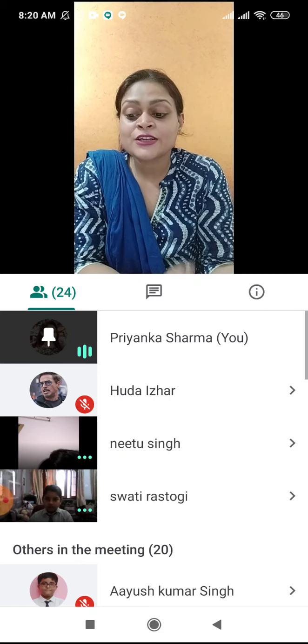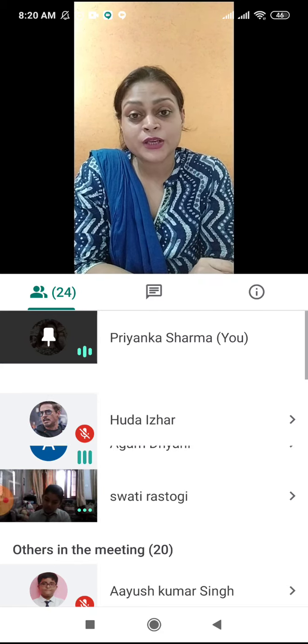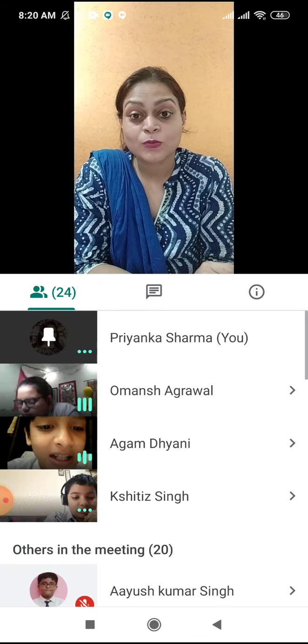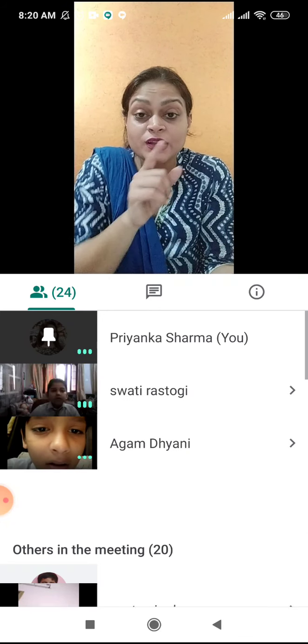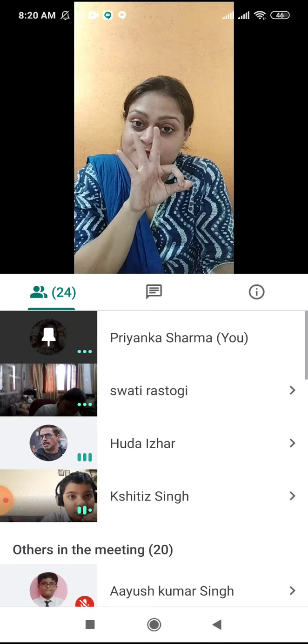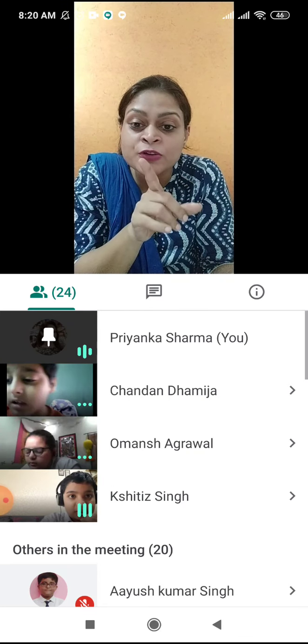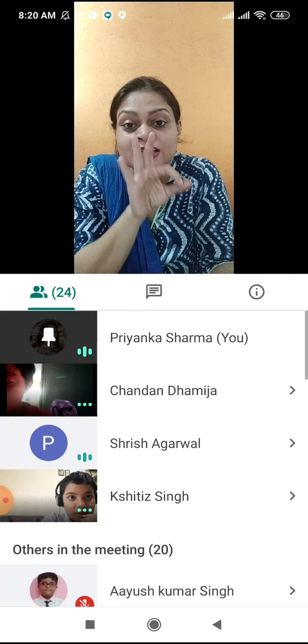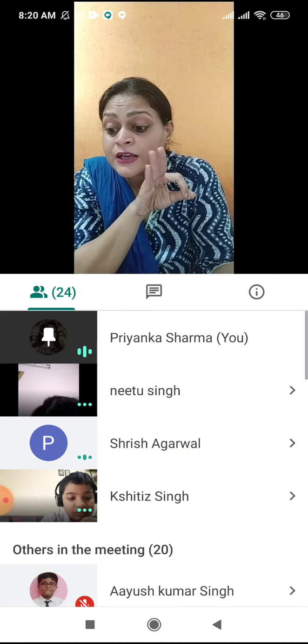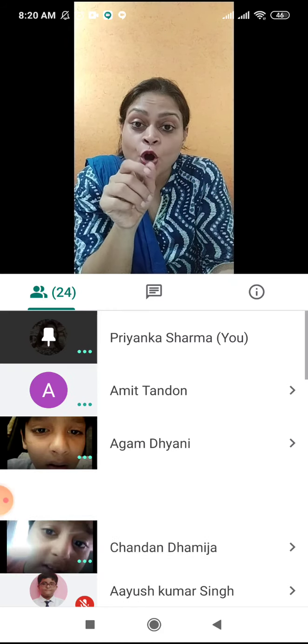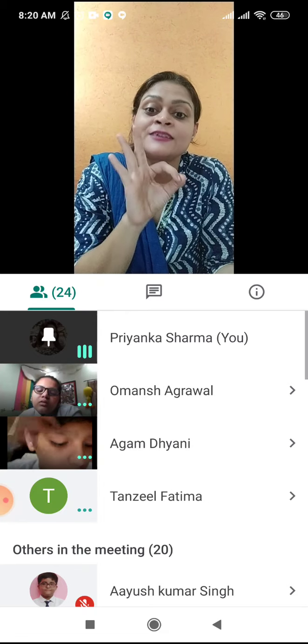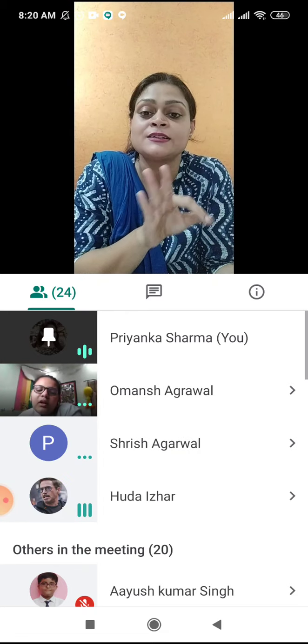Then levers in which the effort is located in between. Beta, you don't have to give an example. You have to tell which class lever it is. Which class lever where effort is located. Tongs. So third class lever. The answer is third class lever.